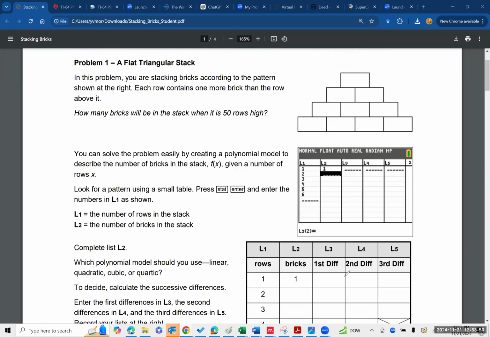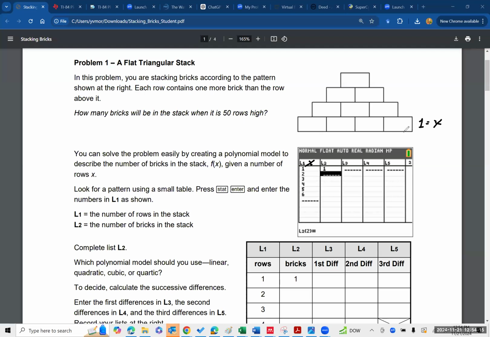So here we have row one. So this is row one, so we could say this is n equal 1. Although if we're using f of x, we'll just call this x equal 1. So this column here are your x's.